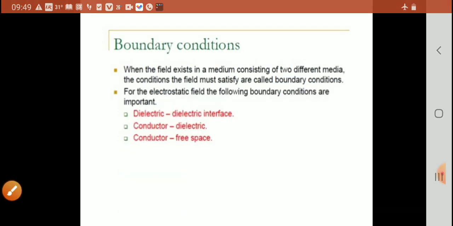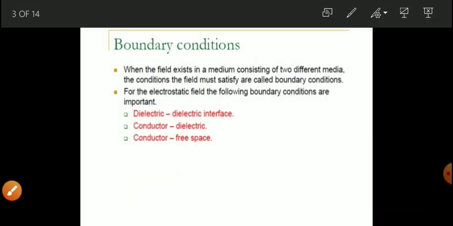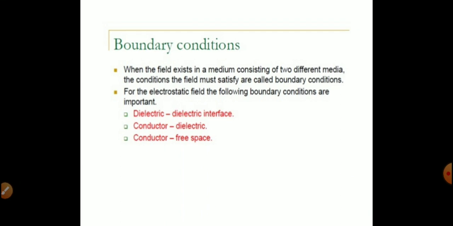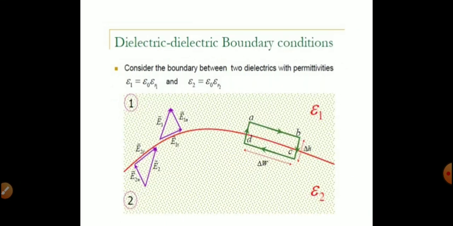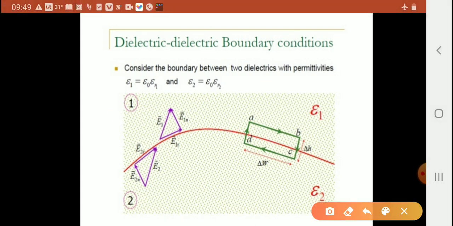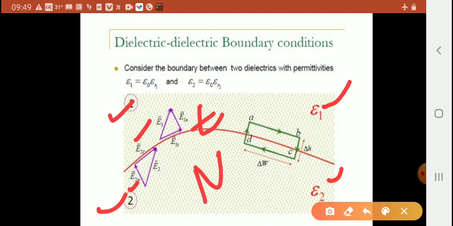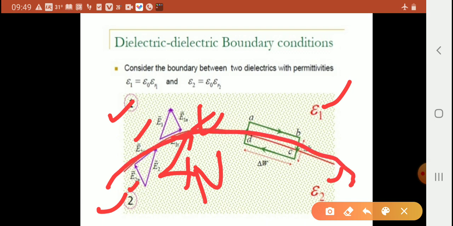Space 1, dielectric interface. Space 1 has permittivity E1 and space 2 has permittivity E2. So we calculate the tangential component and normal component, T and N. This component is calculated at this boundary between the two spaces and the Gaussian surface.